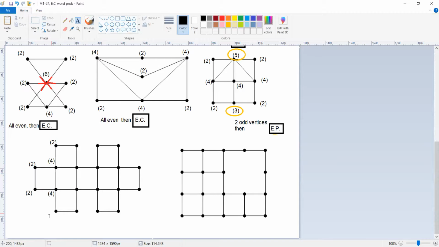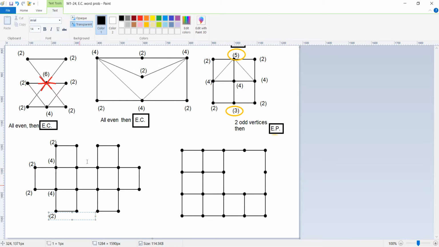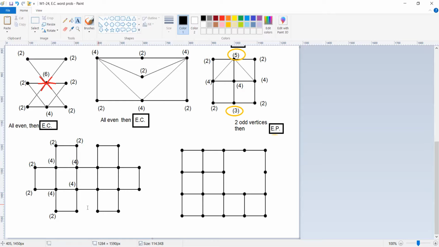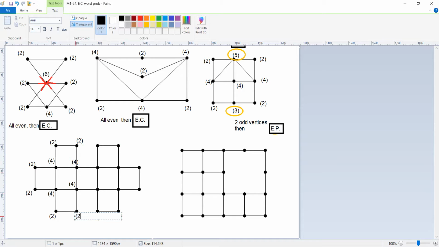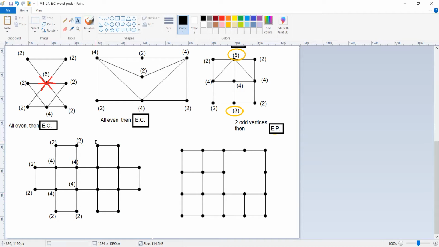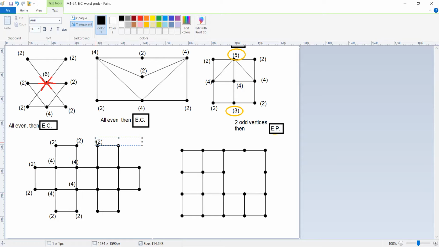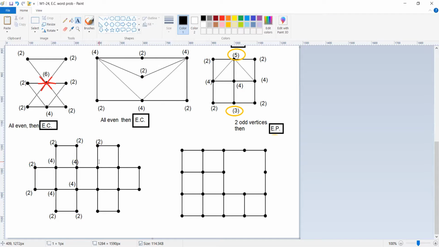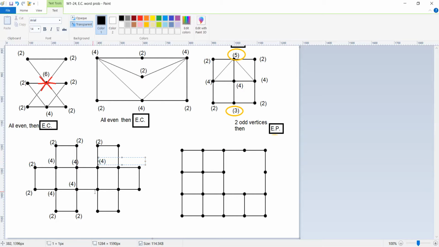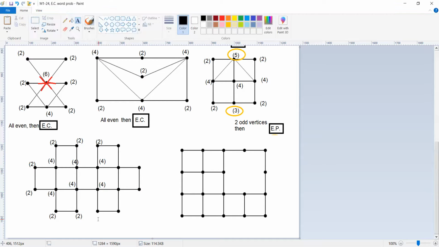And a 2. Okay, this corner is degree 2. Degree 4. Degree 4. And over here is a 2. This one's degree 4. And 4. And 2.